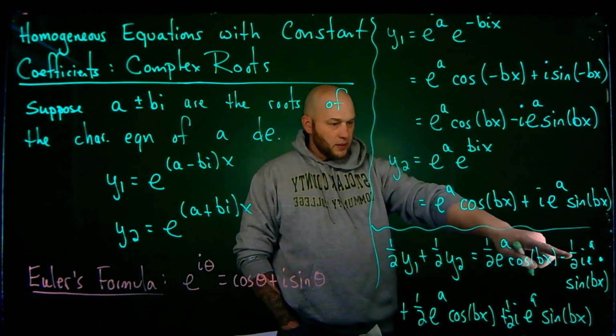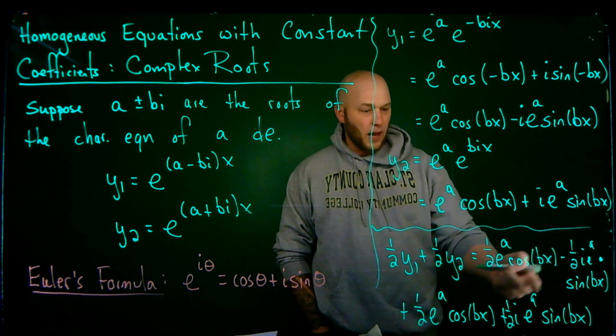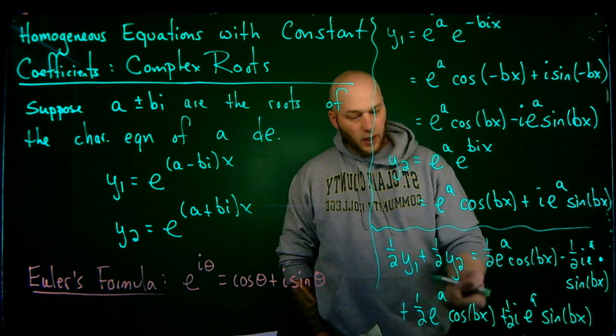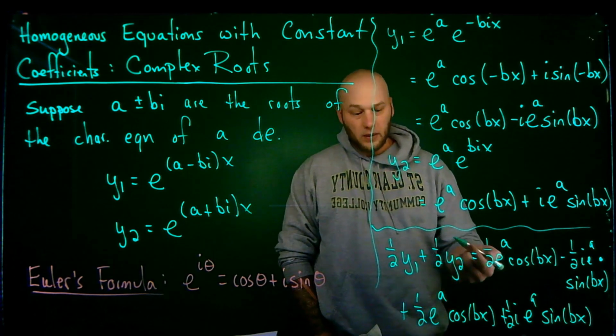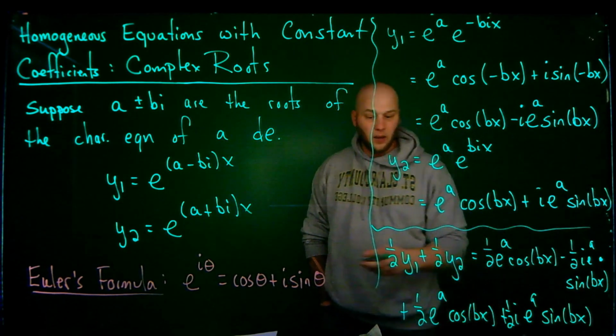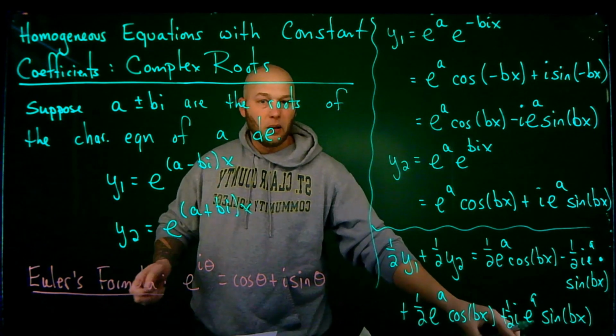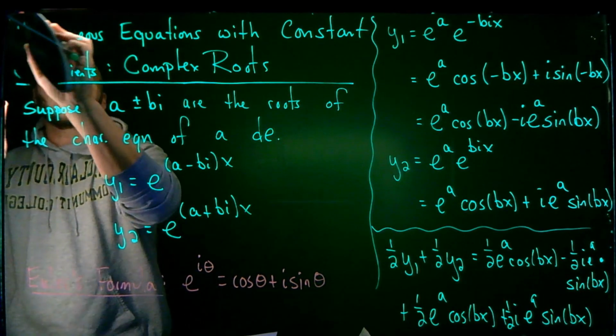Notice that the sine terms are going to cancel. They're the same thing, just opposite sign. And then the cosine terms, there's 1/2 here, 1/2 here, which means I've got a whole one, e to the a cosine of bx. That gives me the following for one of my solutions.